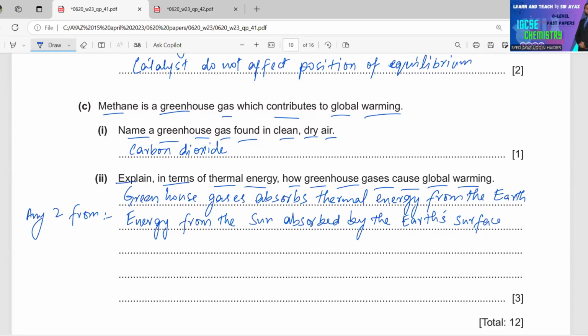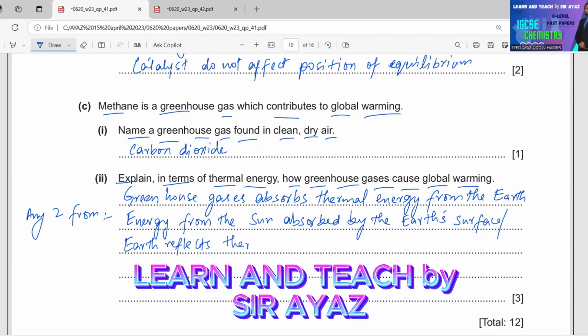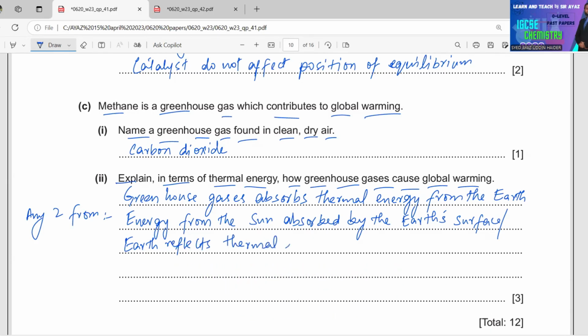And then this earth is reflecting energy. Earth reflects thermal energy.